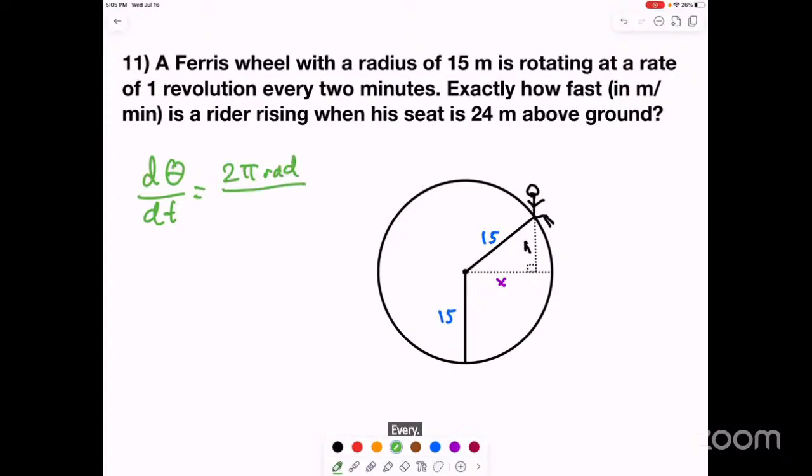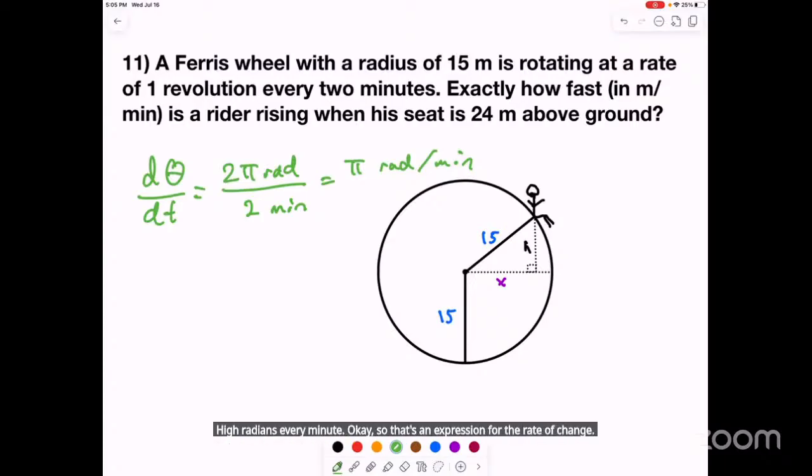Every 2 minutes. That's the same thing, right? Yeah, every 2 minutes. And then that simplifies down to pi radians every minute. Okay, so that's an expression for the rate of change of theta with respect to time.